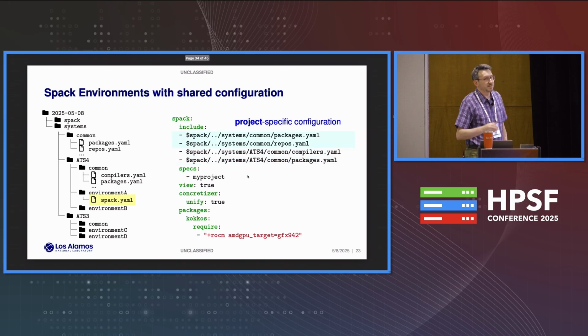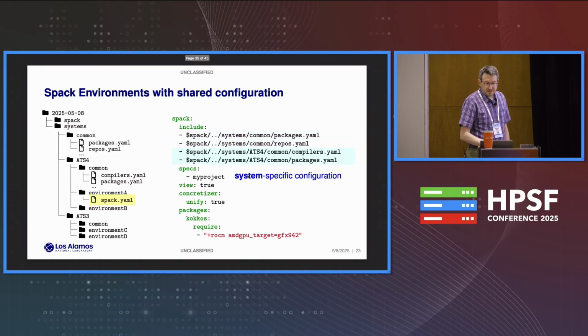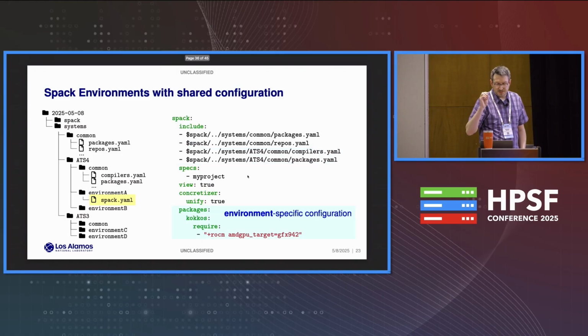A project-specific one would be, for example, which package versions of your dependencies do you want, or what additional Spack repositories do you need. The system-specific configuration would be which compilers the system provides, or which Cray MPICH is installed, or which ROCm version is installed. And then all of these are further specialized using the environment-specific configuration.